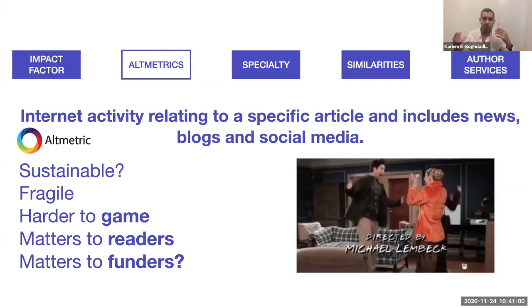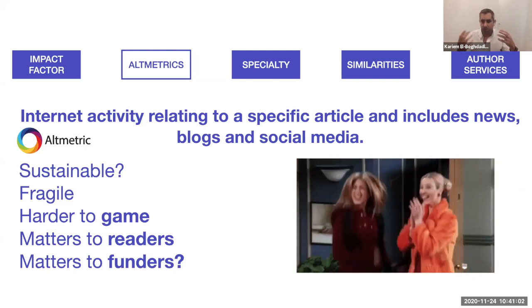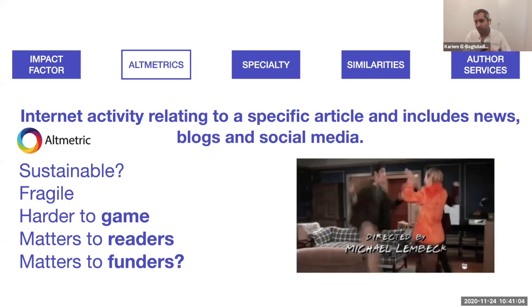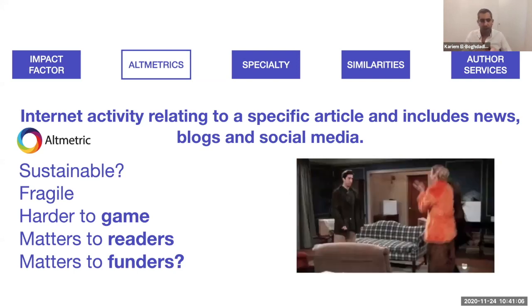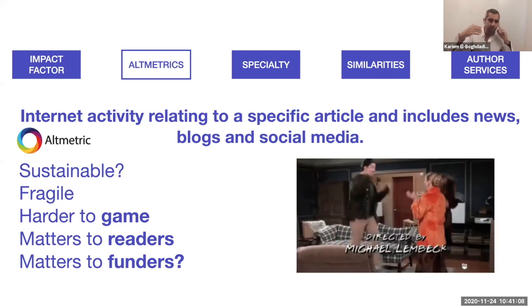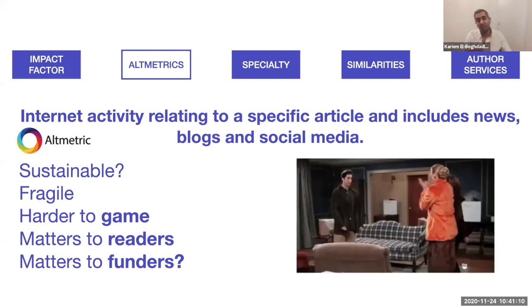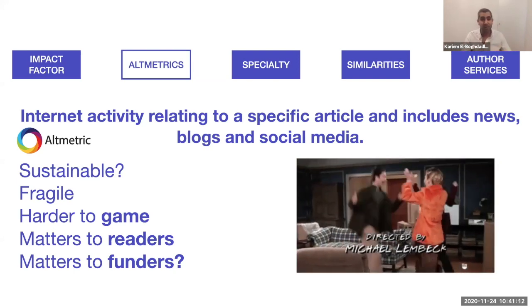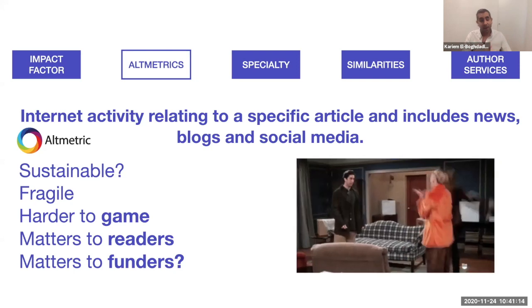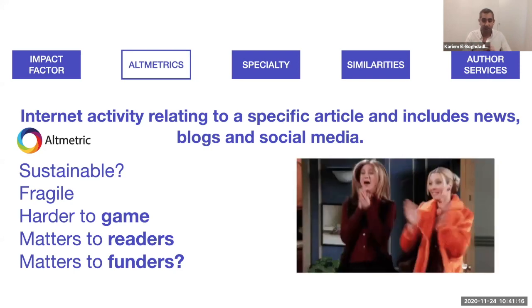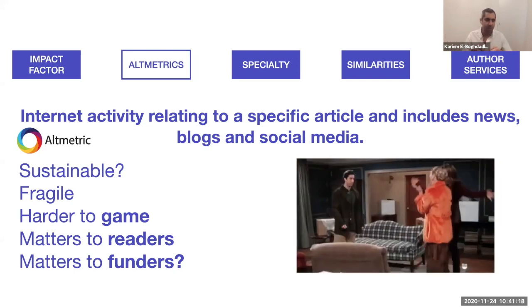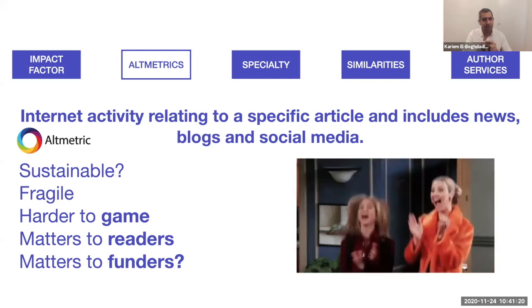This is social media engagement, which includes news and blogs and tweets and Facebook, and how many times your paper has been saved on Mendeley, which actually is owned by Elsevier, which I recognize as problematic because they are the evil multinational conglomerate monsters that are trying to steal everything from us.